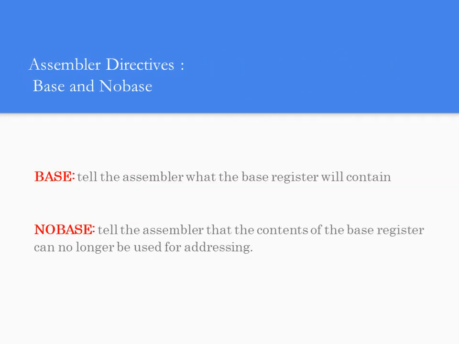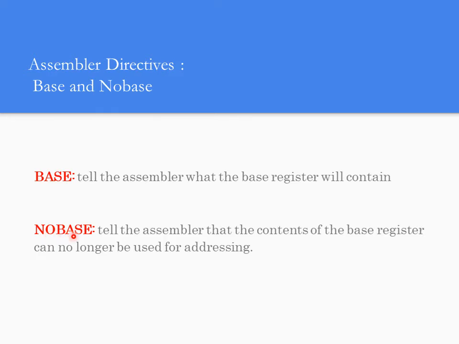So the assembler directive which I mentioned in the previous slide, base, tells the assembler what the base register will contain. You have one more assembler directive called NOBASE. Once the base register is loaded with a value using the assembler directive base, unless and until you use the statement NOBASE, the assembler will keep on using the same value for all the instructions that make use of the base register that follow.